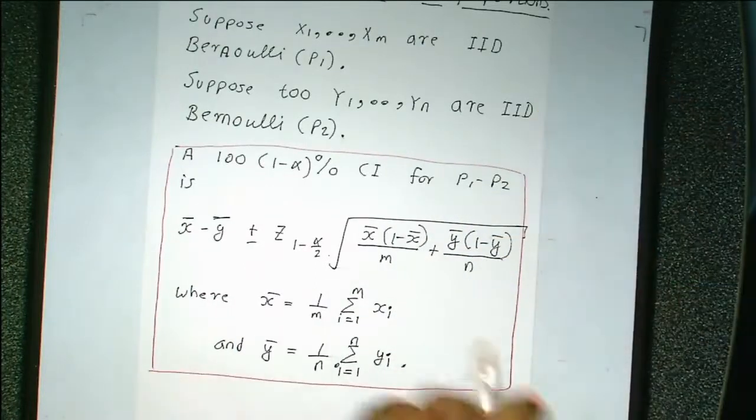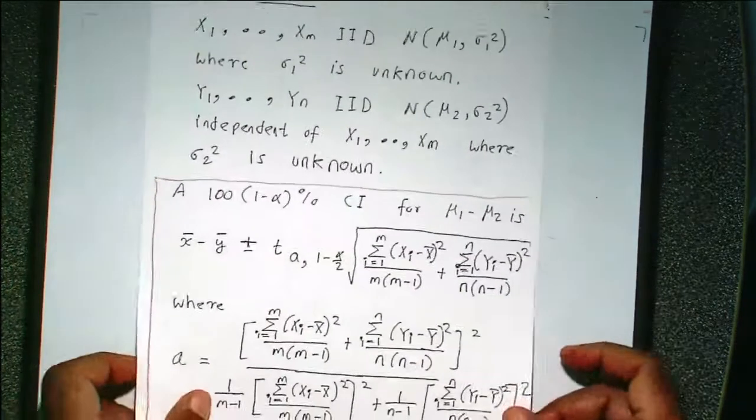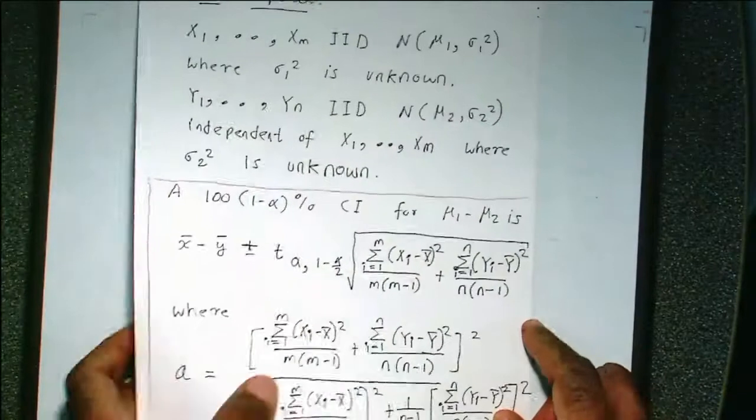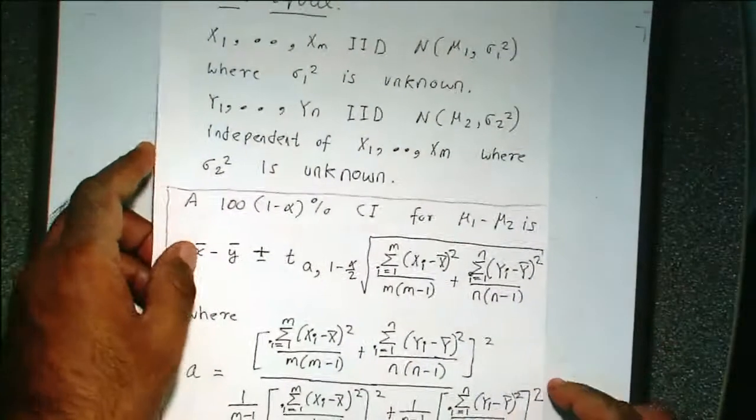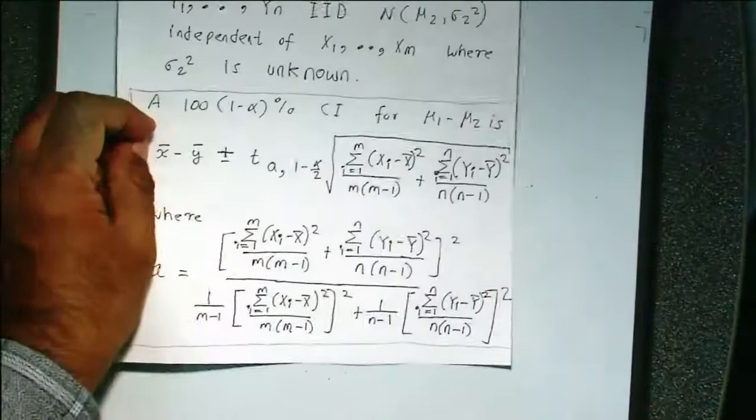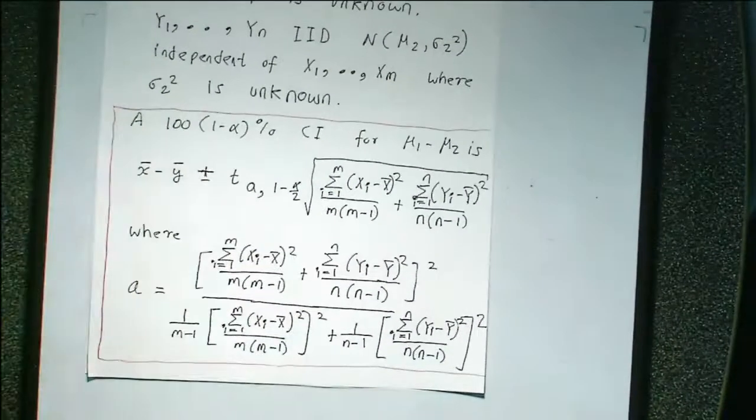And this is the confidence interval for the difference in population means. This one is for the difference in population means when the population variances are unknown and not equal between the two samples.